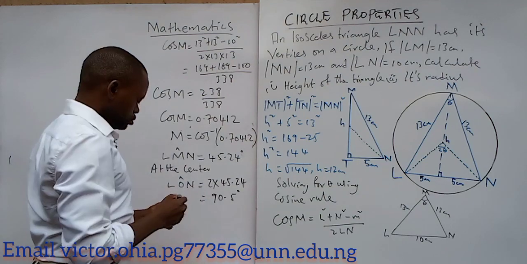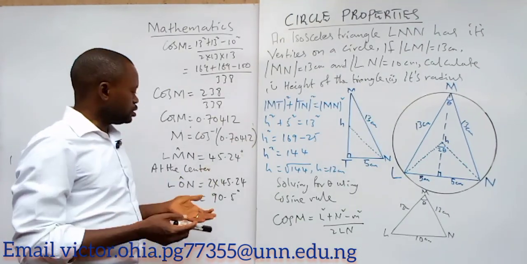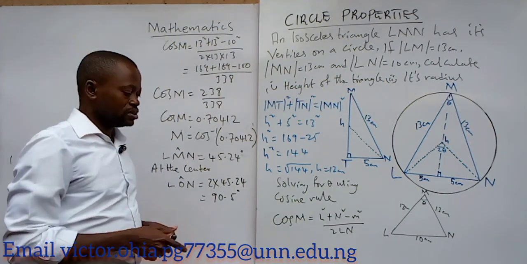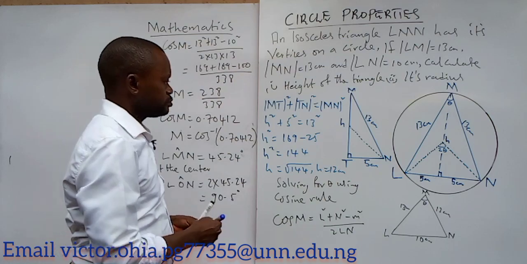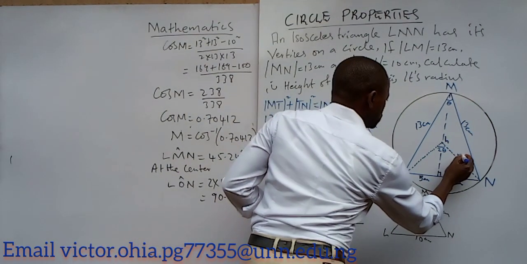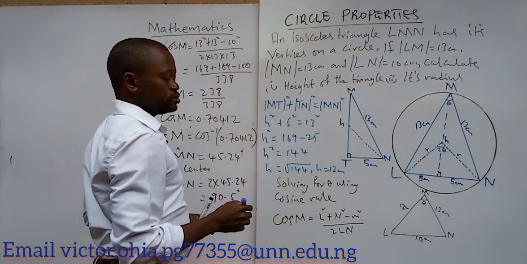So this is the angle at the center. What am I doing all these things for? The target is, remember, we want to calculate this radius. That's what we want to calculate, that radius.